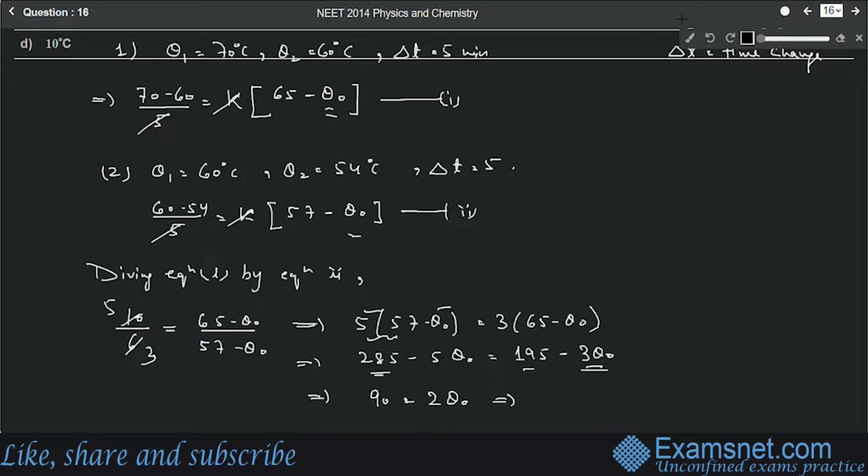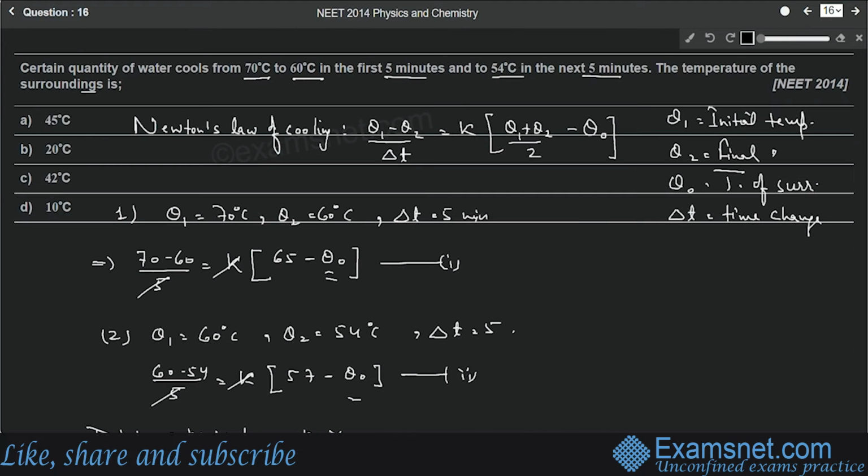So from here we can find the value of theta naught. It will be 90 divided by 2, that is 45 degrees Celsius. This is the temperature of the surrounding. It is given in the first option, so option A will be the correct answer.